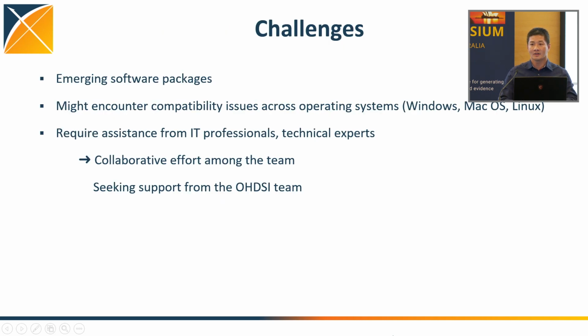And as I mentioned, there are many challenges that happen when we execute the Strategus code, because this package is under development, and we might have problems across operating systems. For example, if you're using Windows or Mac OS or Linux, you have several different problems.